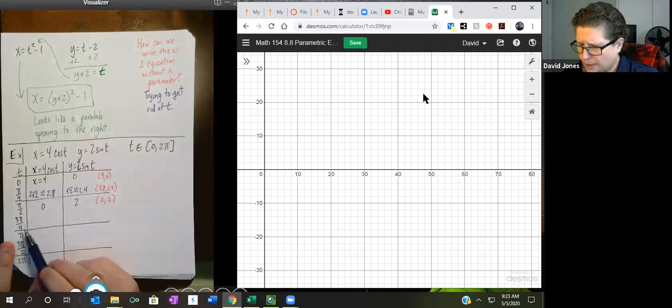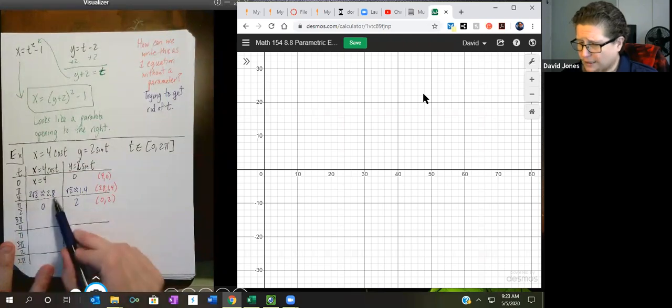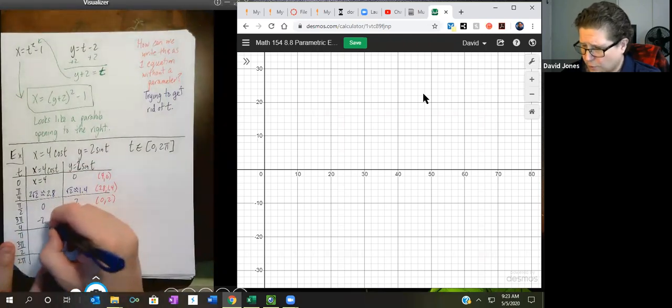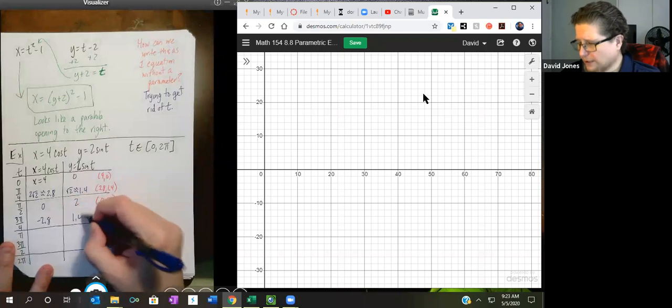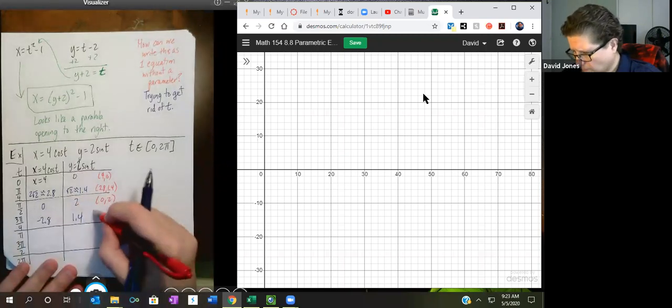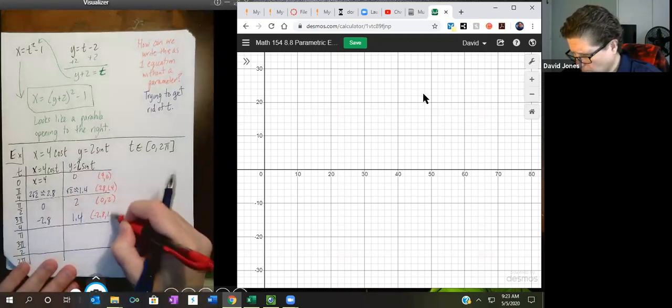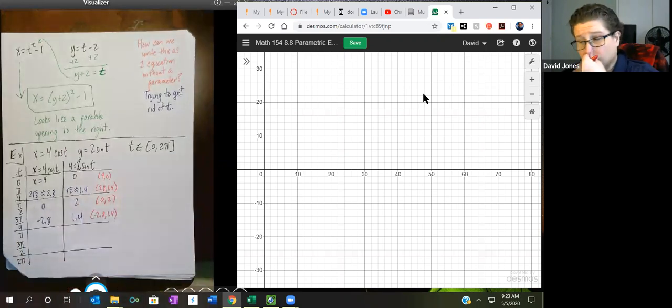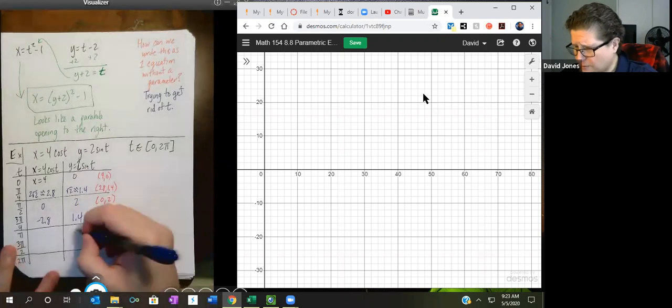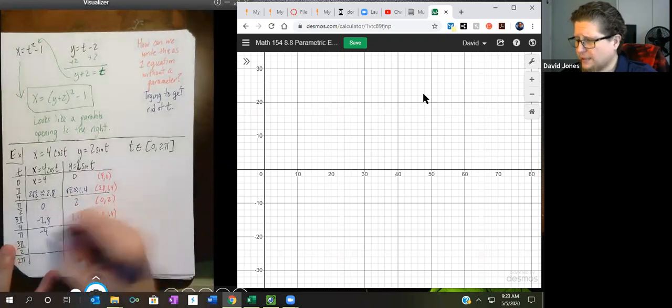Now we're at 3 pi over 4. This is quadrant 2. X is negative, y is positive. So I'm going to have the same thing as the pi over 4, but it's going to be negative: negative 2.8 and 1.4. We're down at pi. Sine is 0. Cosine is negative 1.